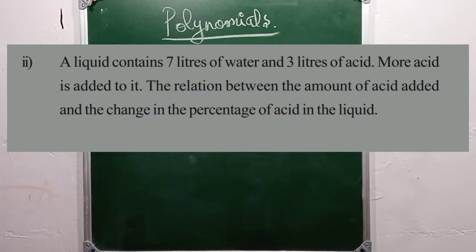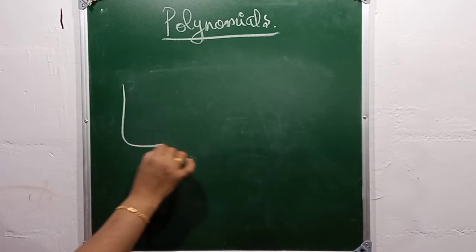Second sub question. A liquid contains 7 liters of water and 3 liters of acid. More acid is added to it. The relation between the amount of acid added and the change in the percentage of acid in the liquid. Suppose this is a vessel.